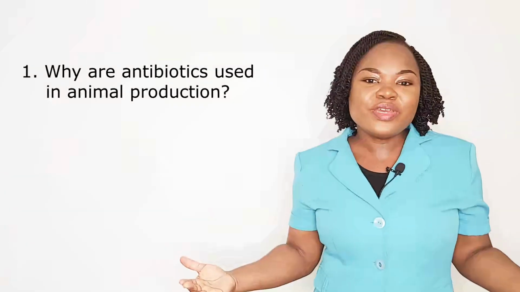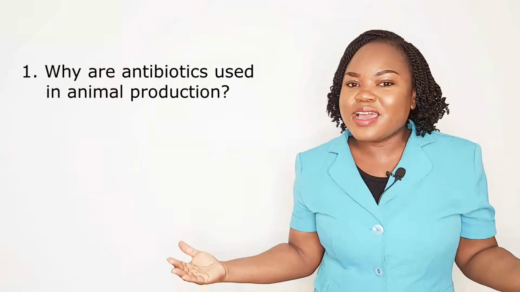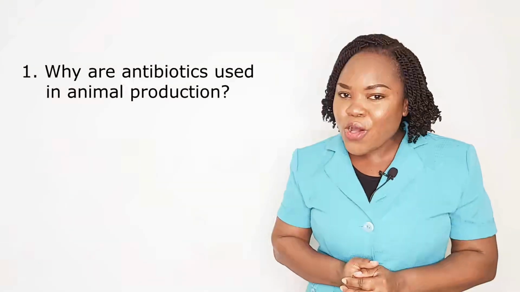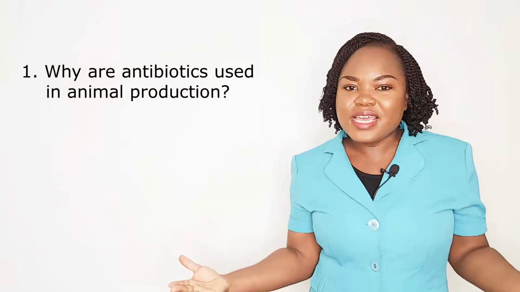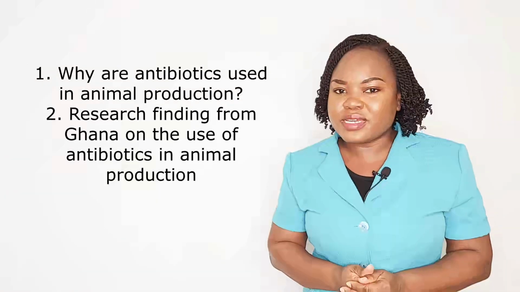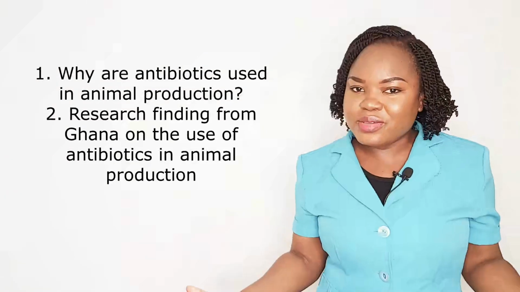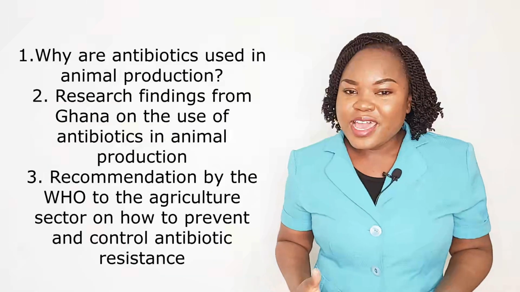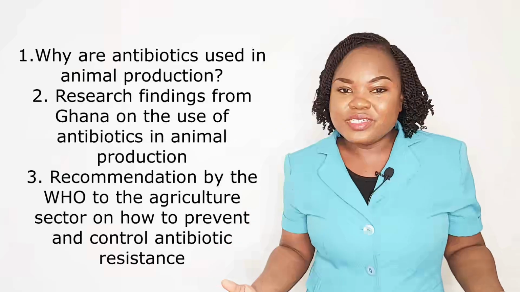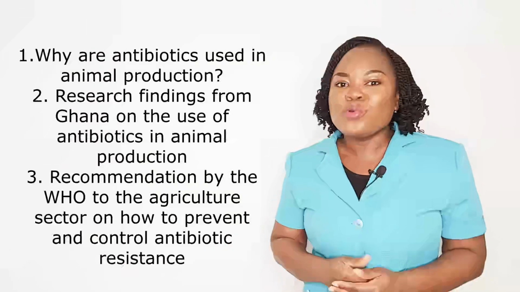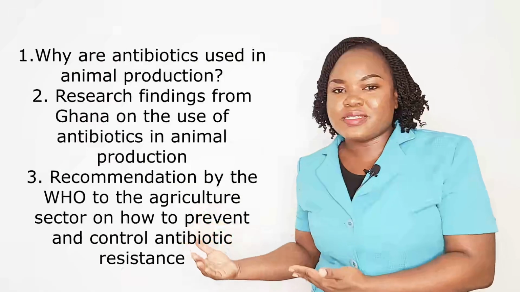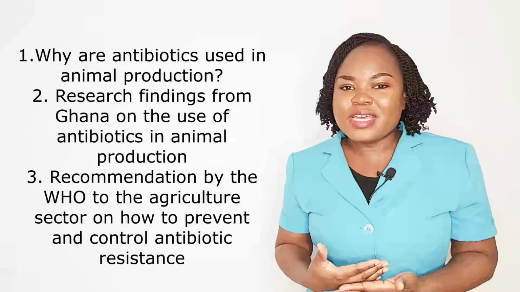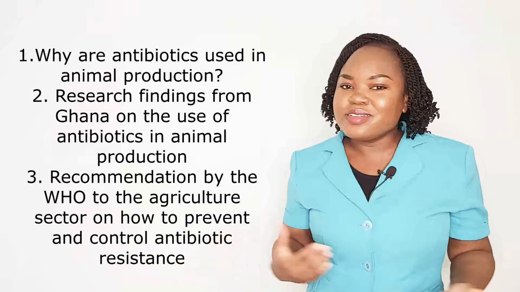And then I'll share with you some findings in Ghana on the use of antibiotics in the agriculture sector or in animal production. And then finally, I will share with you recommendations by the WHO to the agriculture sector to help prevent and control antibiotic resistance.